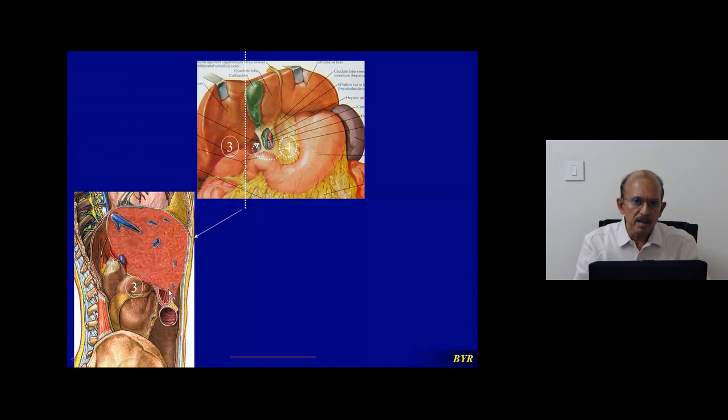If you see the coronal section, this is the liver. The lower surface of the liver is actually inclined downwards and forwards like this. And here is the kidney. So this space is the hepatorenal space. And to this side is the diaphragm.